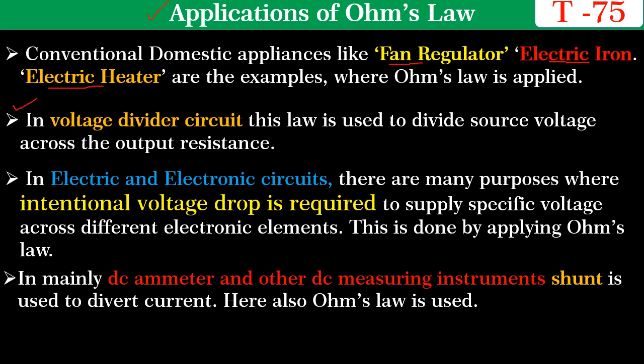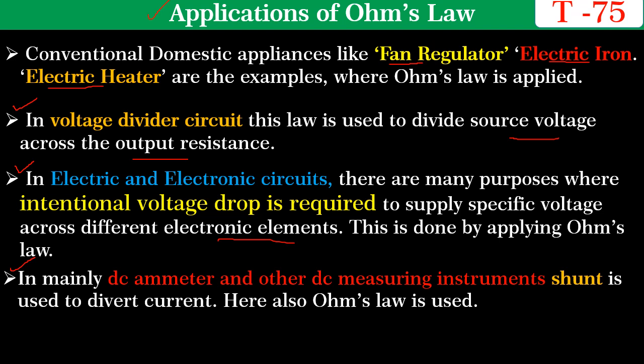In voltage divider circuit, this law is used to divide the source voltage across the output resistance. In electric and electronic circuits, there are many purposes where the intentional voltage drop is required, that you know. So, to supply the specific voltage across different electronic instruments, this Ohm's law is used.